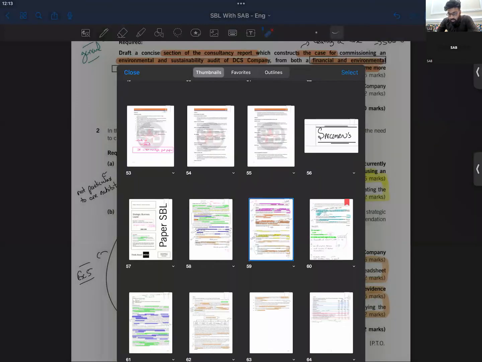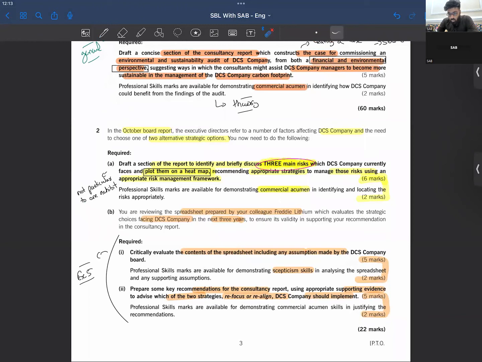Now, I told you that this question is not particularly about one exhibit. It's about the complete case: after reading the complete case, what are the risks that you found? Now, plot those risks on the heat map and recommend appropriate strategies using an appropriate risk management framework.